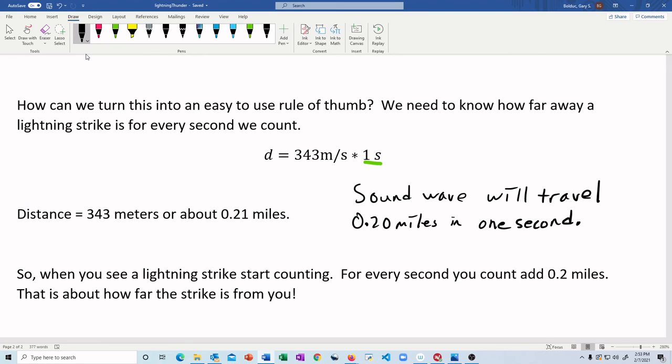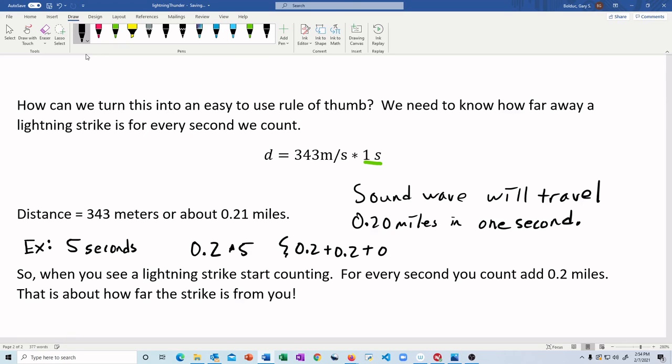So, just as an example, here's another example. Okay, you count 5 seconds. See the flash. 1 Mississippi, 2 Mississippi, all the way to 5 seconds. Well, then how do you know how far it is? Just take your 0.2 miles, and then you can either multiply by 5, or, don't forget, you can just add it 5 times.